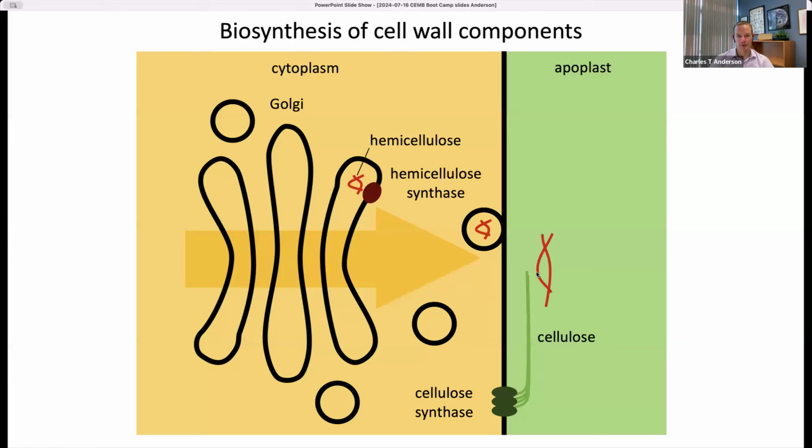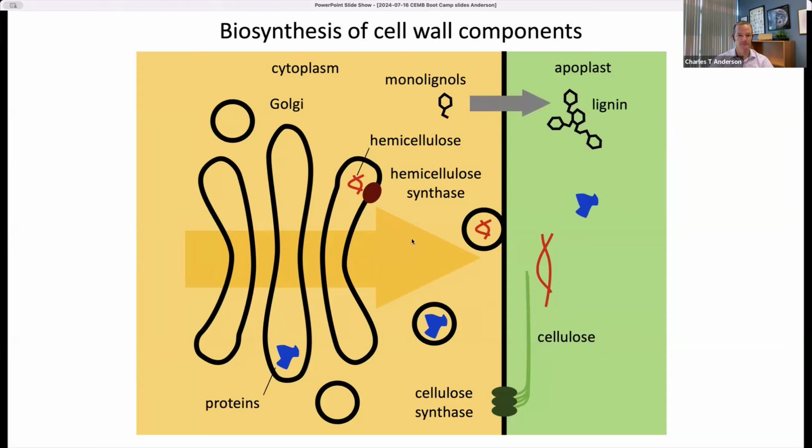So this process of cell wall assembly involves not only the synthesis of certain polysaccharides directly into the wall, but also delivery of pre-synthesized components out to the wall, and those come together to form the entire sort of meshwork of the plant cell wall. We also have proteins that are secreted through a canonical secretion pathway that starts when they're synthesized on the surface of the rough ER, delivered through the Golgi, and then trafficked out to the apoplast.